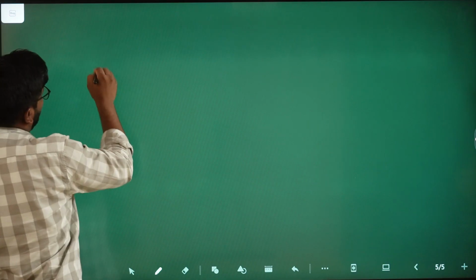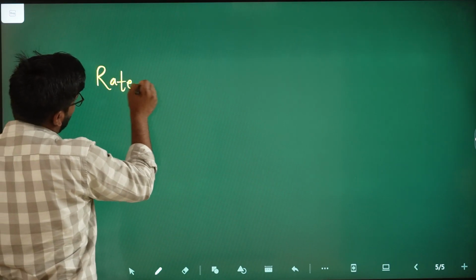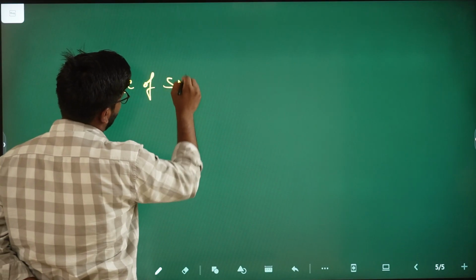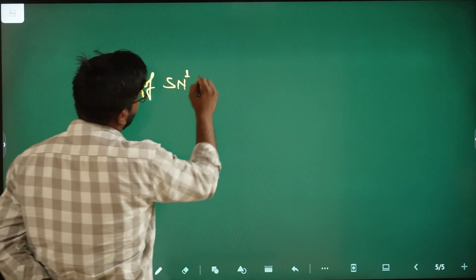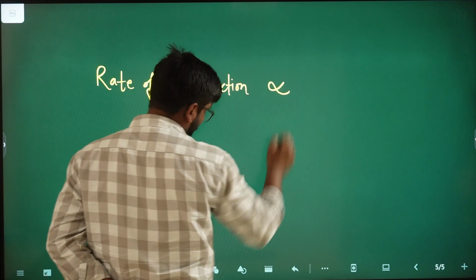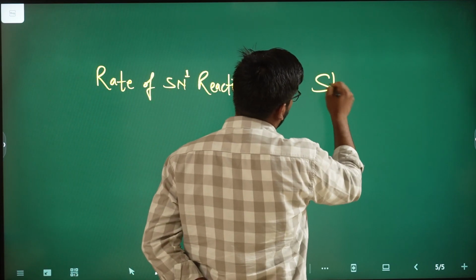So here we can write a key point: the rate of reaction, or more specifically the rate of SN1 reaction, is directly proportional to stability of carbocation.